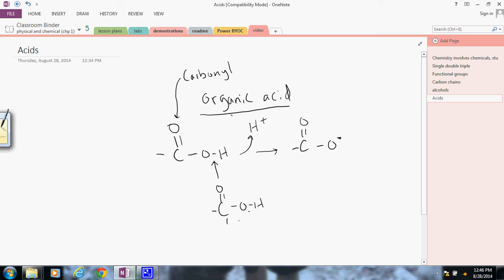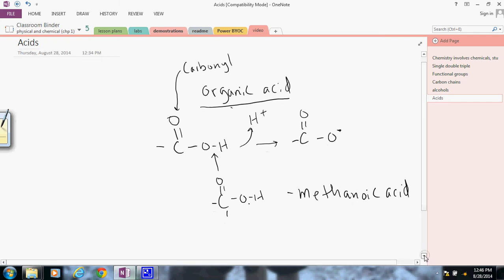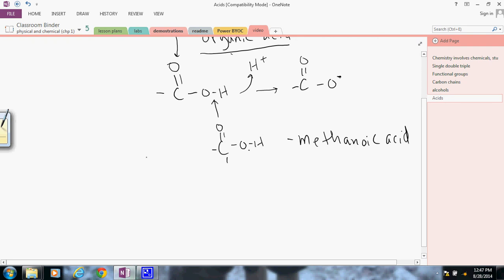And essentially, we just end up getting a little bit bigger. We have 2 carbons. This is going to be ethanoic acid. This is commonly referred to as vinegar. It has carbon here, carbon here, carbon here.